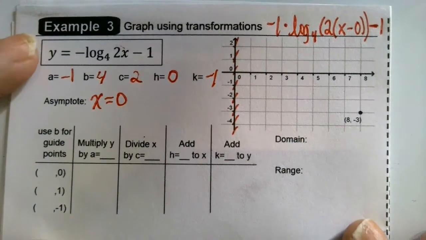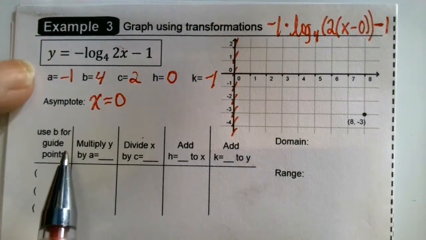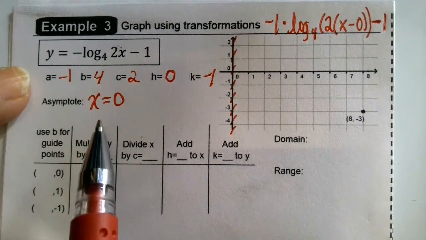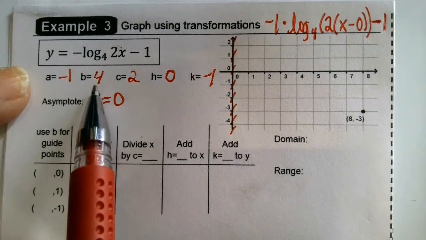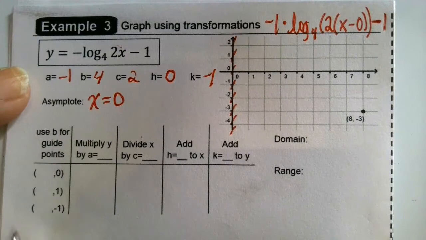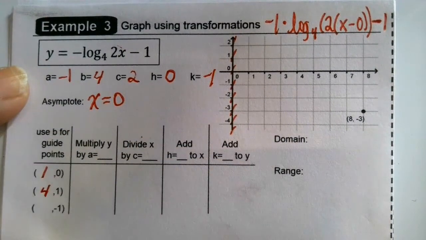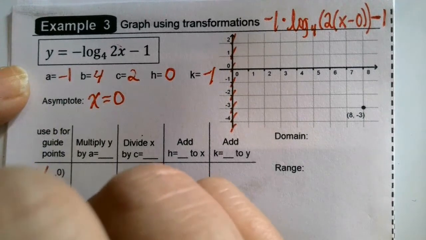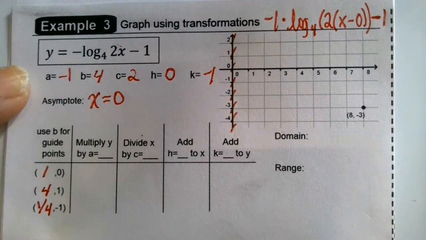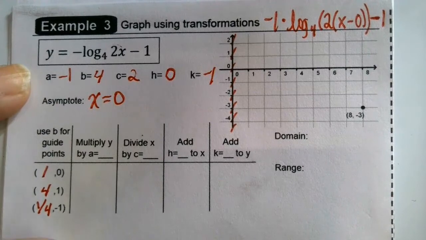Okay, then we're going to identify the anchor points of the parent graph, log base 4 of x, and those come from the base, the b, which is 4. So 1, 0, b, 1 would be 4, 1, and then the reciprocal of b, -1. And the reciprocal of 4 is 1/4.